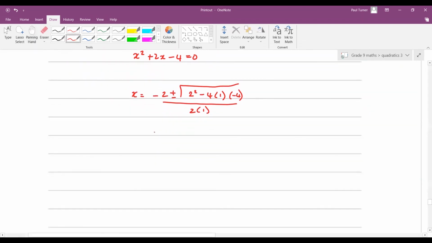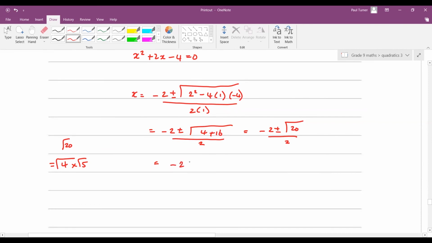So then we'll get minus 2 plus or minus square root of 4 plus 16 on 2. So that would be minus 2 plus or minus square root 20 on 2. Now, you can put that into your calculator, but root 20 can be written as root 4 times root 5, which is root 20, and root 4 is 2.